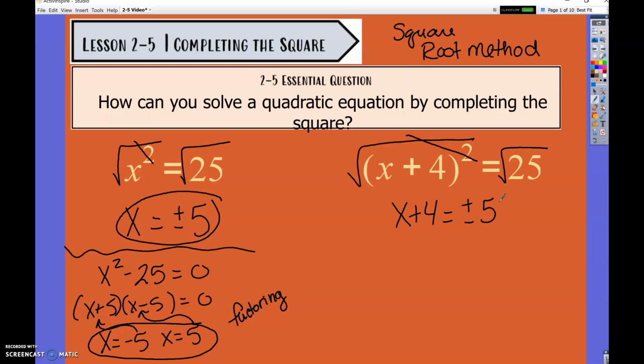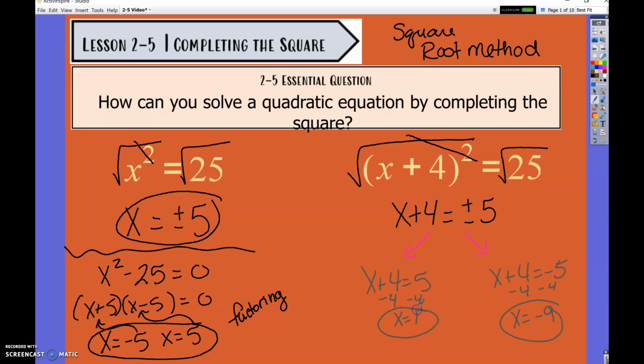Now, this one, we do actually have this plus 4 to deal with, so we can't just be done and say the answer is 5 like we did on the first example. This is where we need to branch out. So we could say x plus 4 equals a positive 5 and x plus 4 equals a negative 5. We need to give both of these options. So if I subtract 4 from this side, I get x equals 1. And if I subtract 4 from here, I get x equals negative 9.